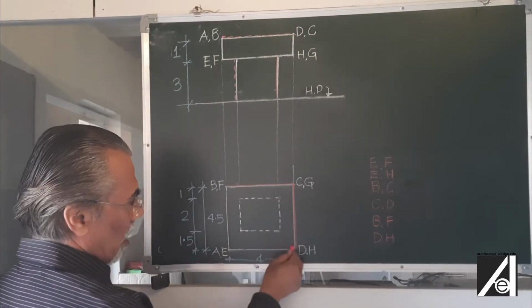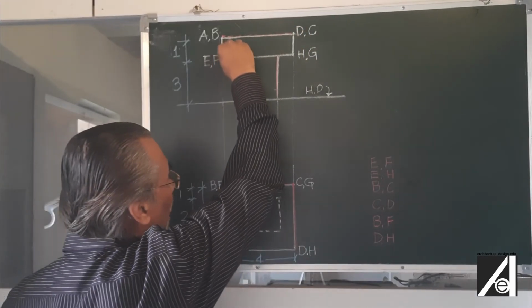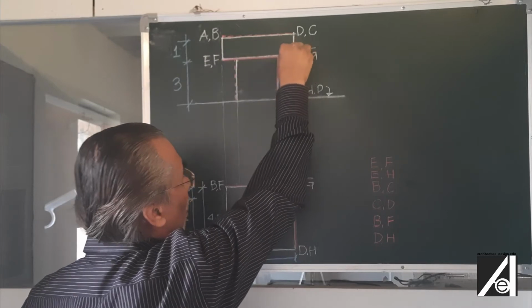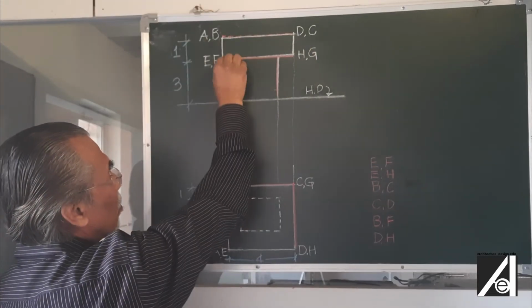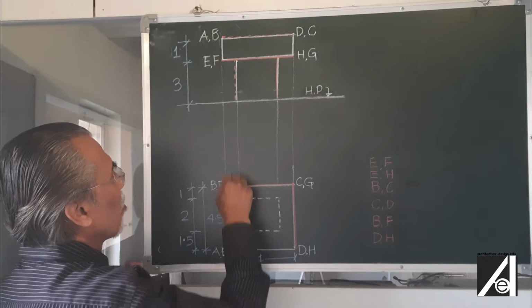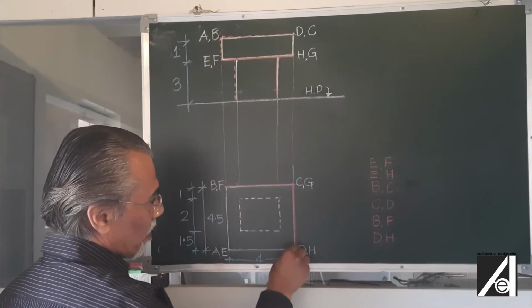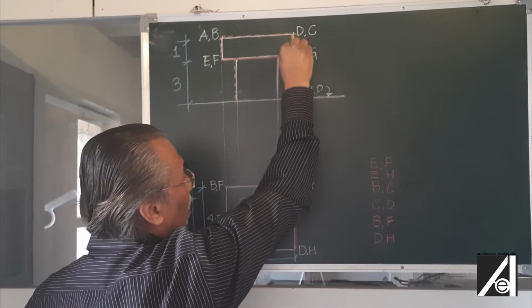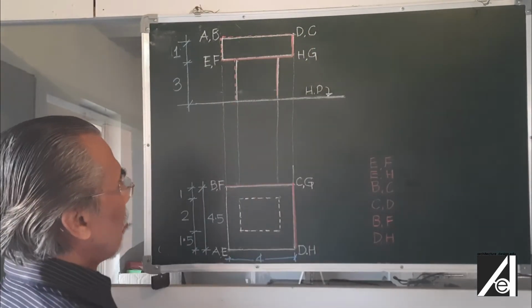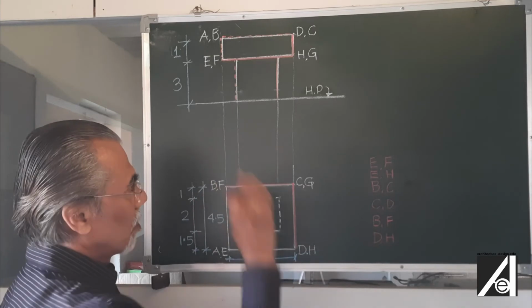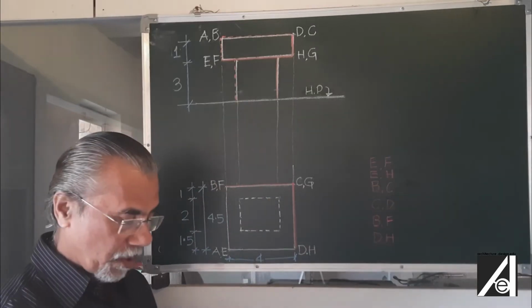In the lower one, this one will come fair. And then this one will come as a dot here, and this edge here will be fair. So this is how we have now identified the edges which we have to deal with for drawing the shadow.